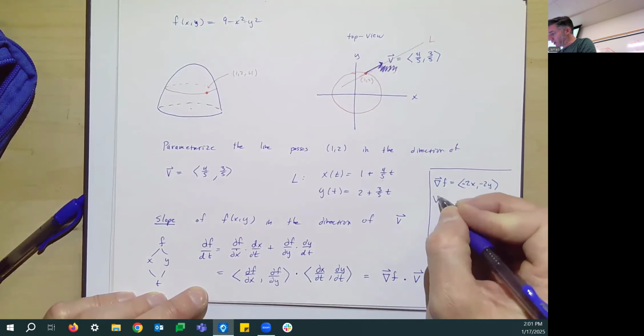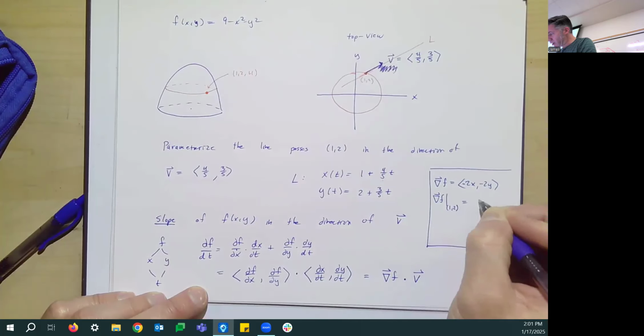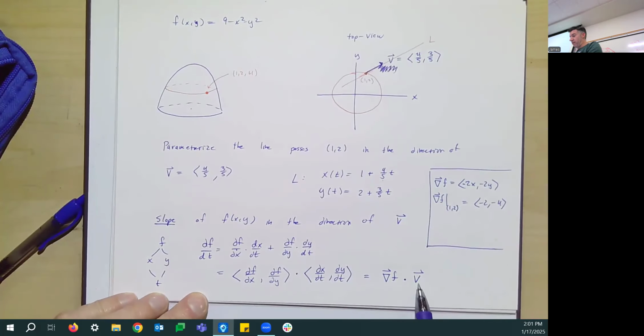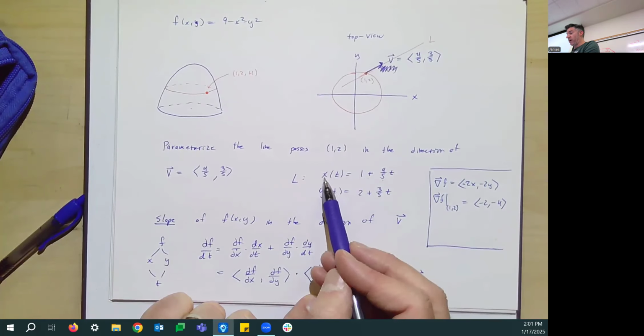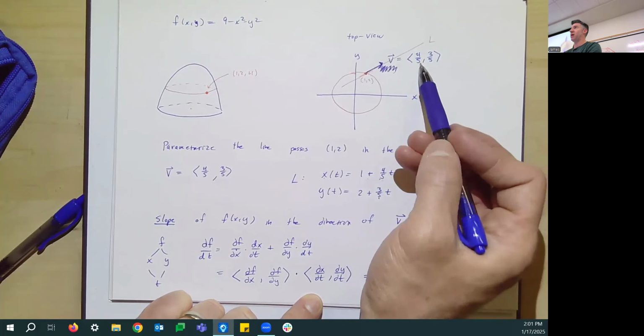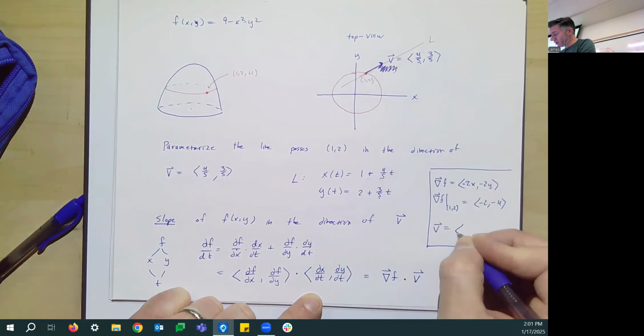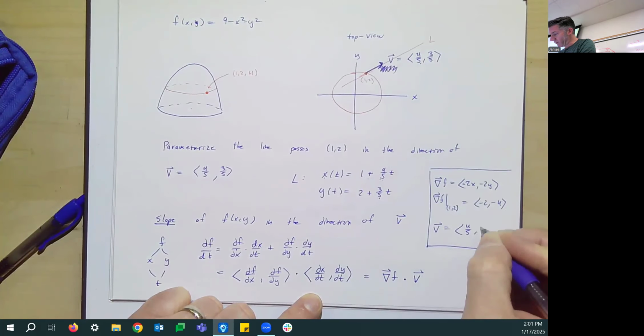So my gradient of f evaluated at 1 comma 2 is going to be negative 2 comma negative 4. My vector v, again, is literally just the derivative of x, which is 4/5, comma the derivative of y, which is 3/5, or the vector they gave us in the first place. So our vector v here is the vector 4/5, comma 3/5.